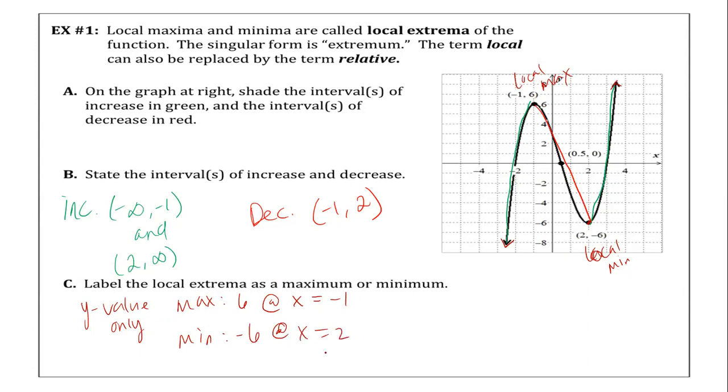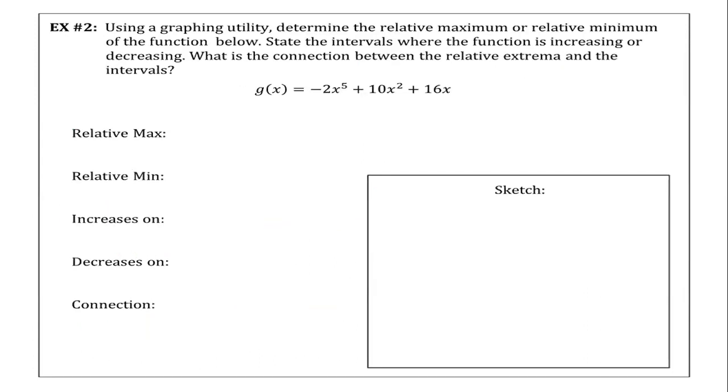Okay, x tells us where, y tells us what. Where is your max or min? What is your max or min is going to be your y. How do you feel about identifying max and min? Easy peasy? Yes, I feel like part 1 should be easy.